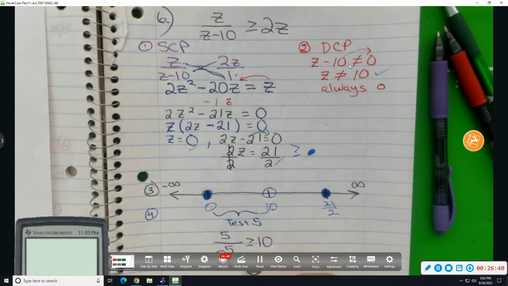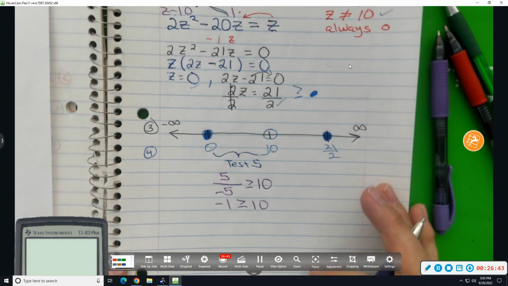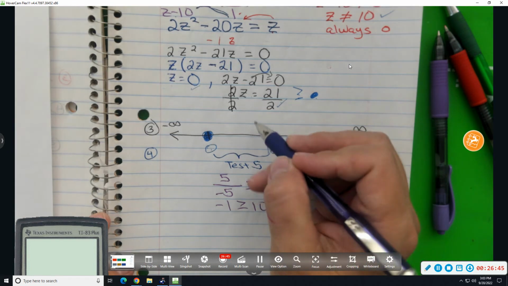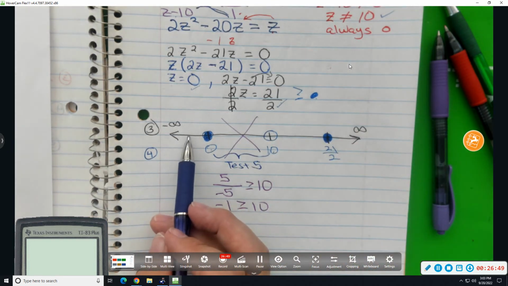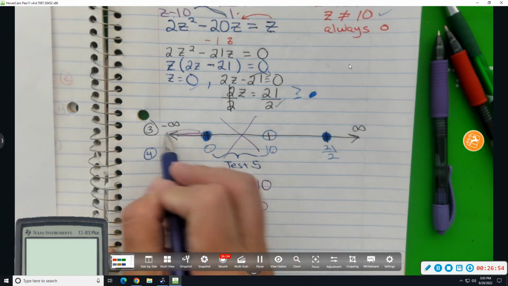Is -1 greater than or equal to 10? So it's false. What do we conclude? If we had tested -1 or -50 million here, what would we have gotten? True?